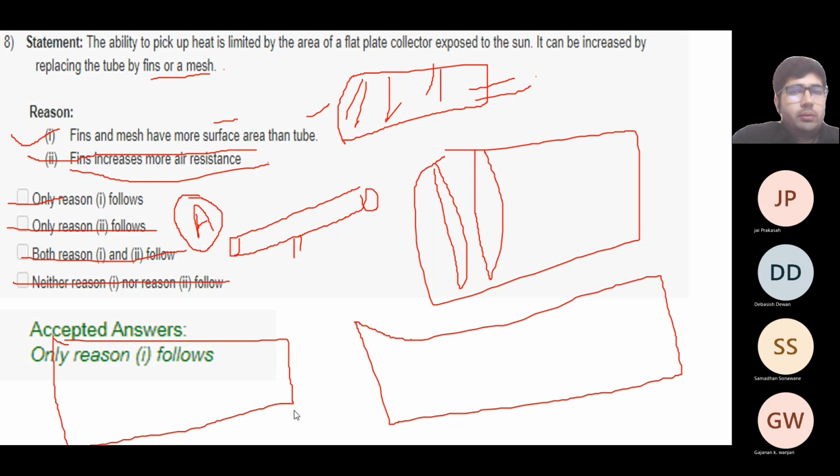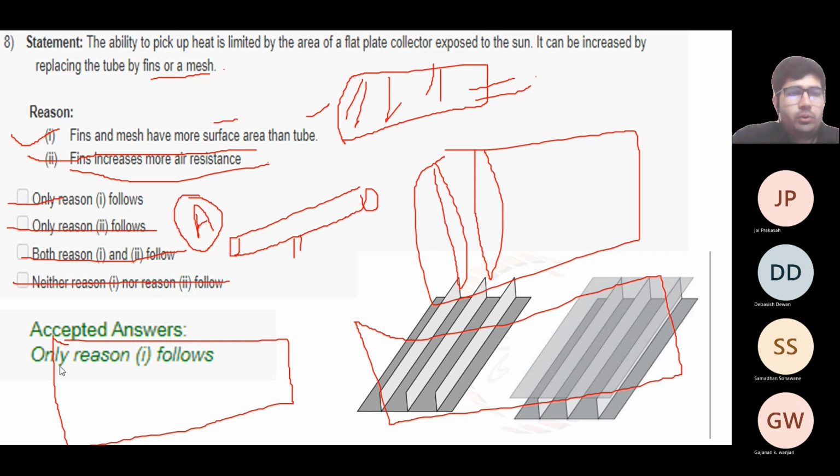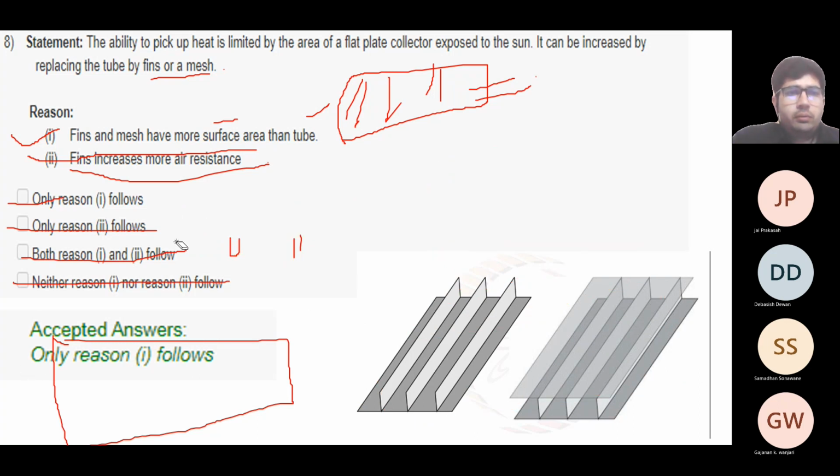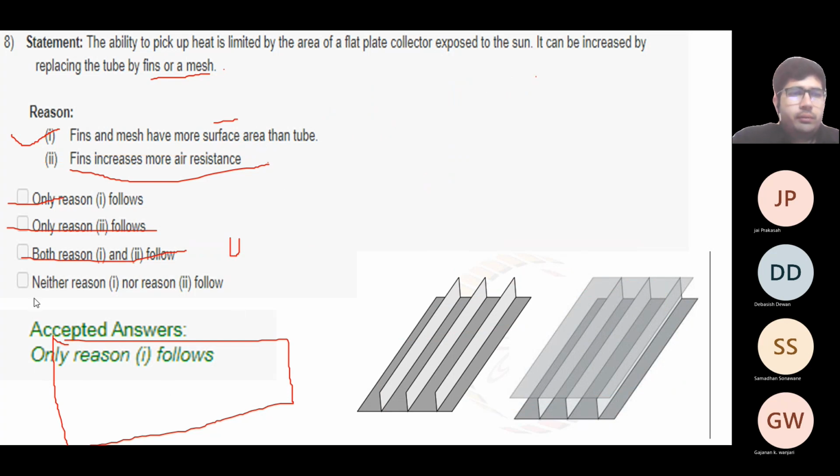So here you can understand it better. You can see these are the fins.